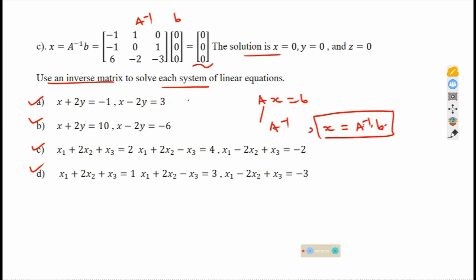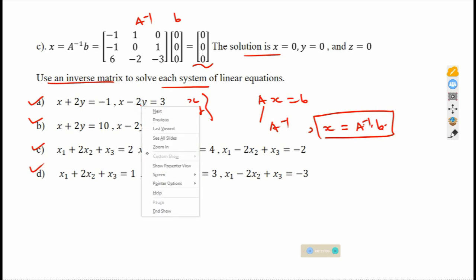You'll be able to get the values of x and y. You know how to get the inverse of a 2 by 2 matrix and of a 3 by 3 matrix. So try that one out and you should be able to get the answer.